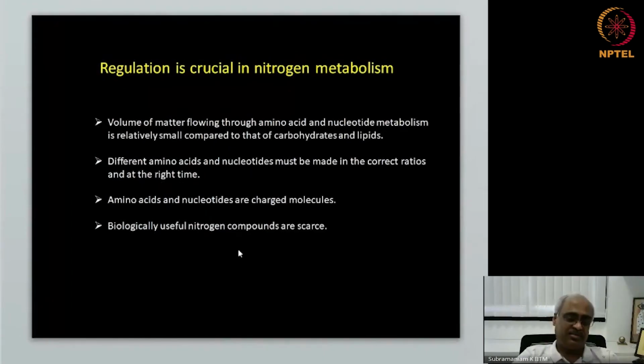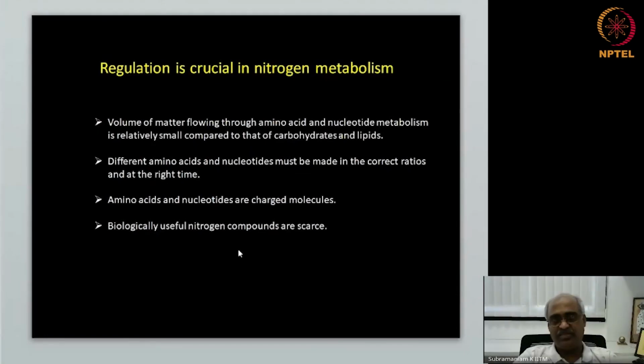And the nitrogen can be recovered and recycled, and as a result, the nitrogen compounds are scarce. The atmosphere has 70% nitrogen, but it is triple bonded, an extremely stable structure, and therefore it is not readily available in the usable form in biological systems. So the biologically usable nitrogen is very scarce, and therefore nitrogen metabolism is tightly regulated and very efficiently scavenged and recycled again and again.